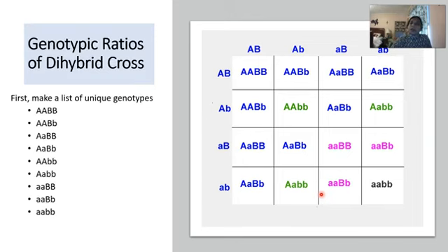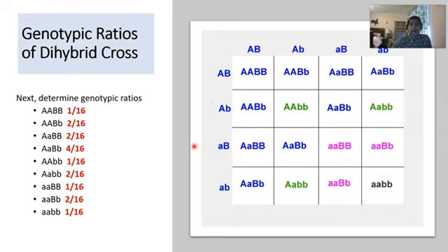And then we examine what type of genotypes and phenotypes we are going to get as a result. The first thing we want to do is make a list of all the unique genotypes that we see in our cross. And here is that list of all those different genotypes that we observed. There are 9 different genotypes that you can get from a dihybrid cross, and they're all listed along this side. Following that, we then count how many offspring would have each one of these specific genotypes and write those down.